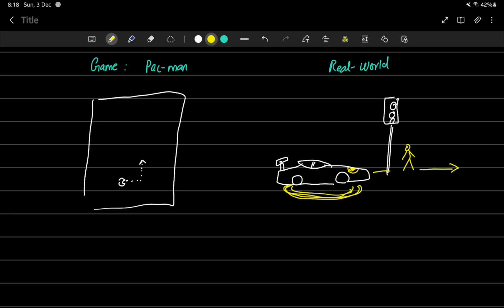So here things are a bit indeterministic. Even if you take an action to go straight, there is no 100% surety that you will actually end up going straight.